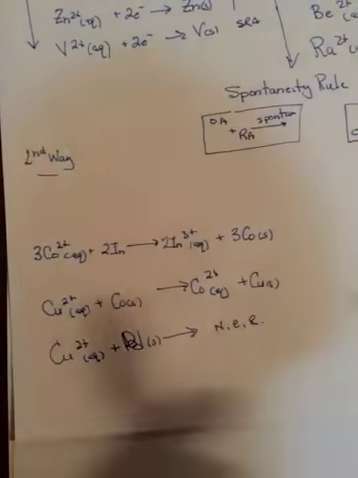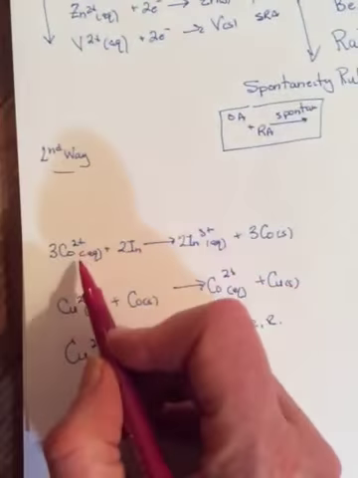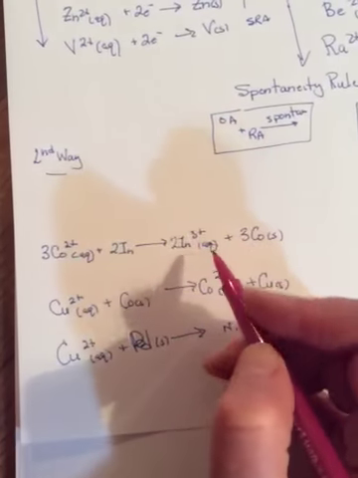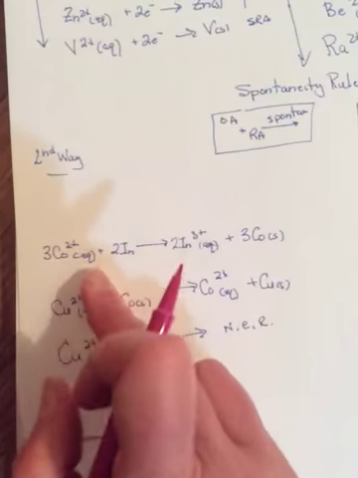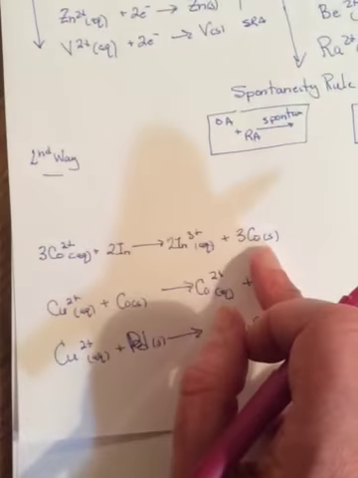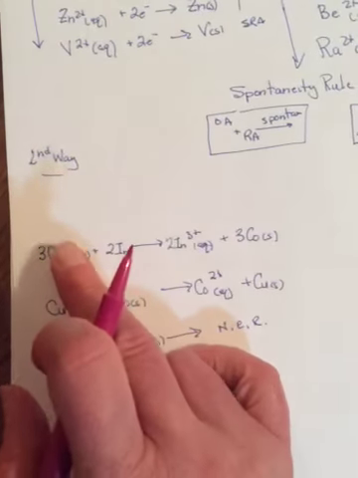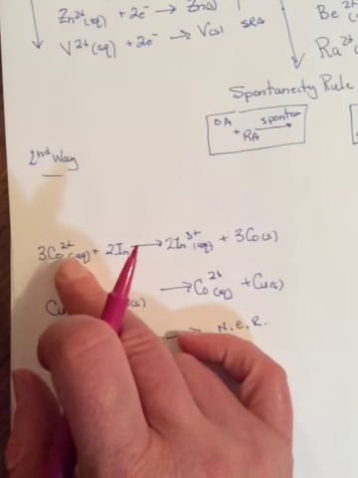So the idea here is you look at the first reaction, and if the products are written, then it's spontaneous, and you figure out which one's the OA and which one's the RA. So Co2 positive is going to Co solid. To go from 2 positive to 0, it must be gaining 2 electrons.